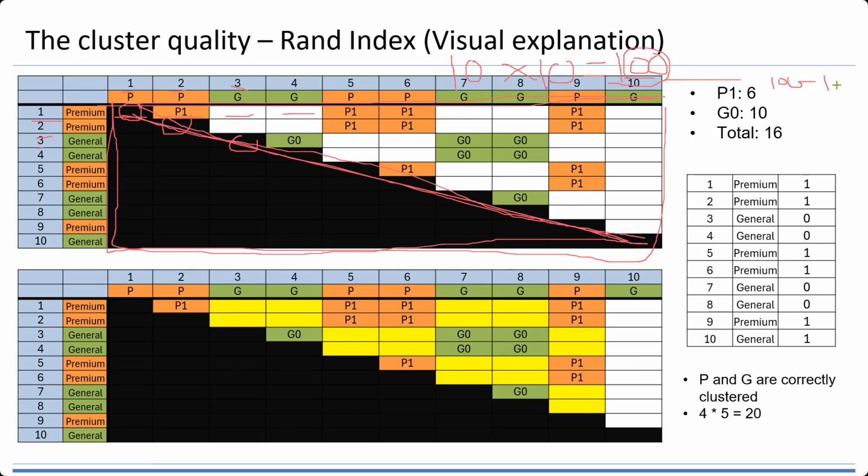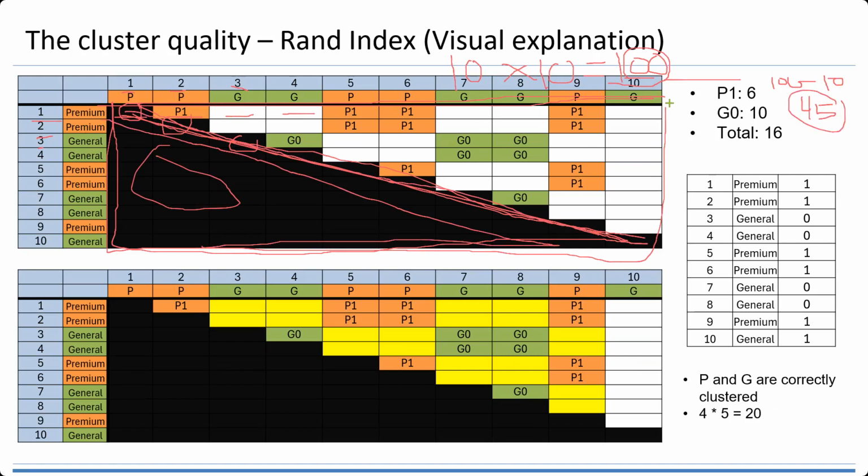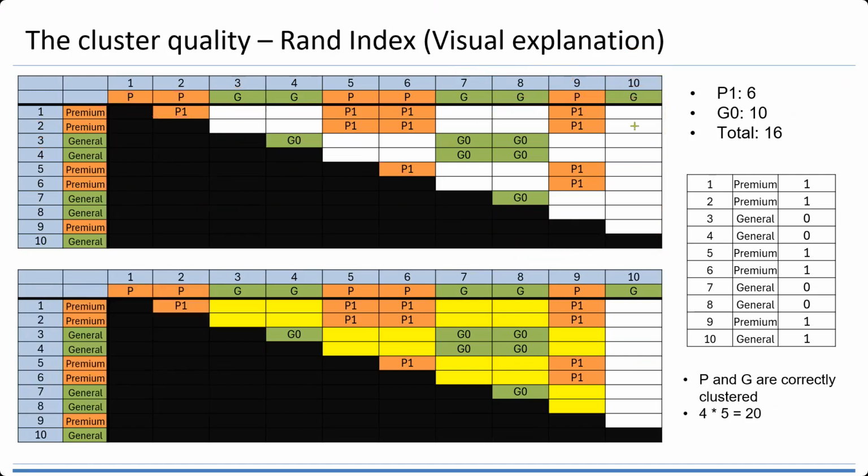We will minus with 10. 10 is the diagonal. And then we will also minus with this one. So this one means we have 45. So we have 45 at the upper triangle, and we have 45 at the lower triangle.